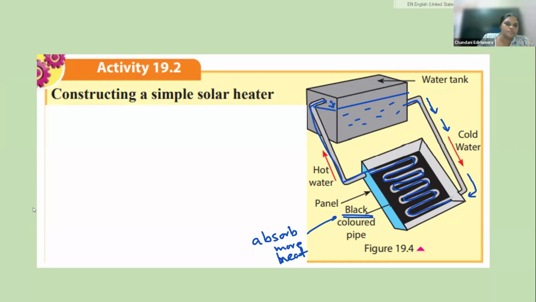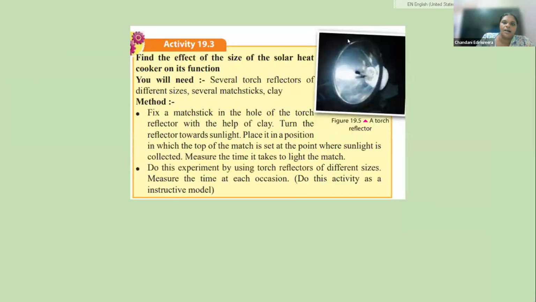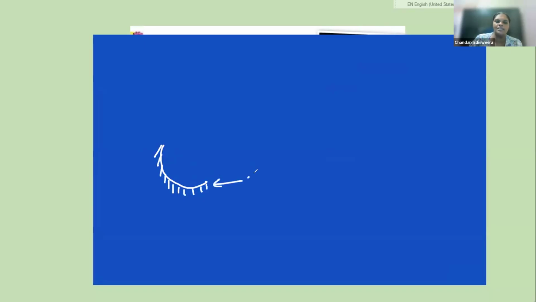Right. Then the other one, can you remember what this one is? The solar cooker. Solar cooker, madam. You know the solar cooker. Consider we are getting a solar cooker here. Normally we are using a mirror type. They call this the concave mirror shape.